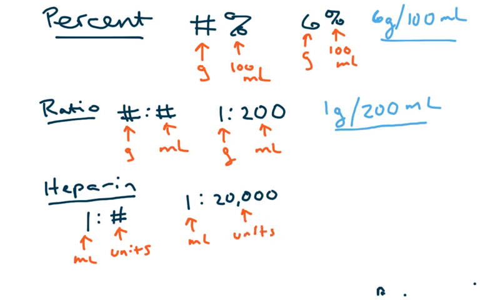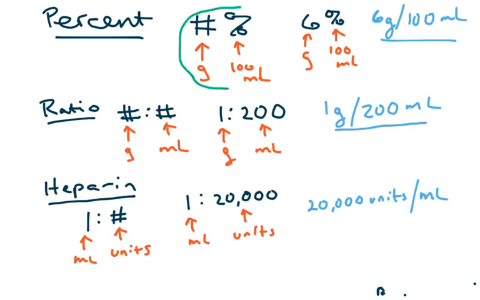To see it like you would in a dosage problem, it makes more sense to say 20,000 units per milliliter. So these are ones you just have to memorize. There is no other way around it.